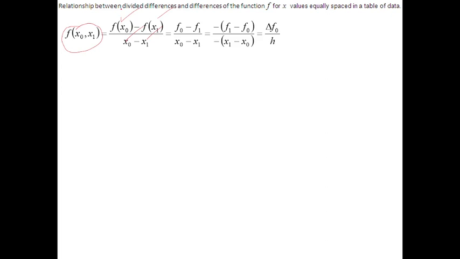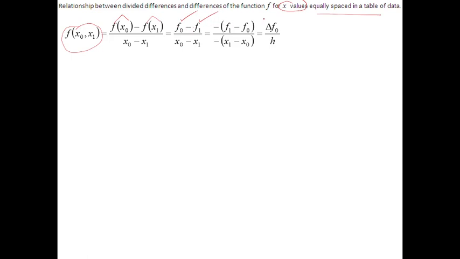And since all values of x are equally spaced in a table of data, we are able to rewrite f of x sub 0 as f sub 0, f of x sub 1 as f sub 1, all over x0 minus x1. Then we can factor out the negative sign.